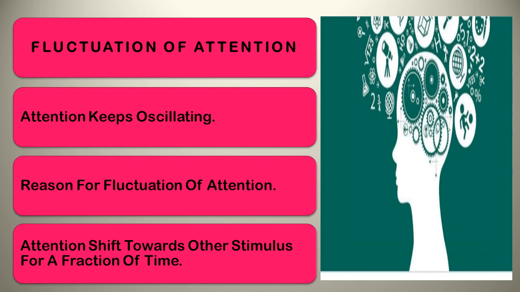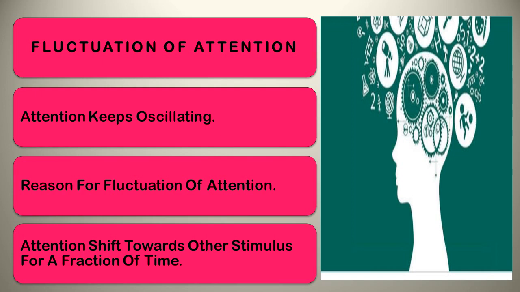We cannot pay attention to a single stimulus for a long period of time. Our attention shifts toward other stimuli for a fraction of time and comes back to the original stimulus. This is known as fluctuation of attention.